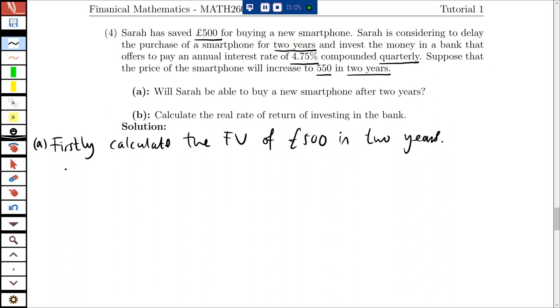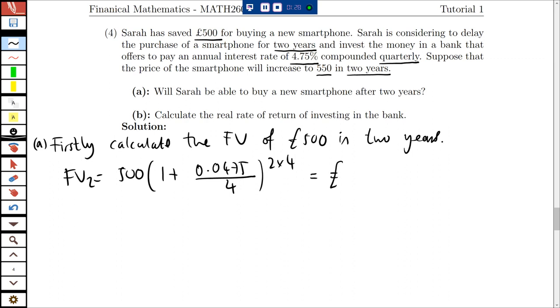If we do that using the usual formula, so 500, 1 plus the interest rate, which is 4.75%, compounding quarterly for 2 years. Okay, if we pop that into the calculator, is this enough to pay for the smartphone of £550?